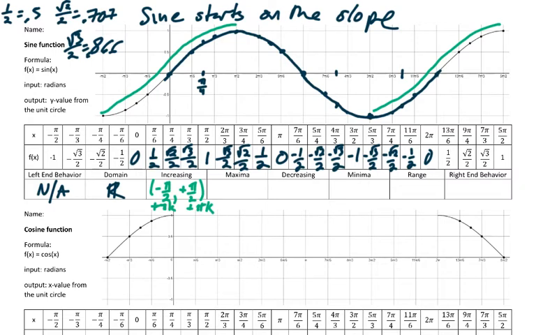There are maximums here and here at pi over 2 plus some pi times k, because it's a repeated maximum, right? It's decreasing on this interval and so on, which would be from pi over 2 to 3 pi over 2.